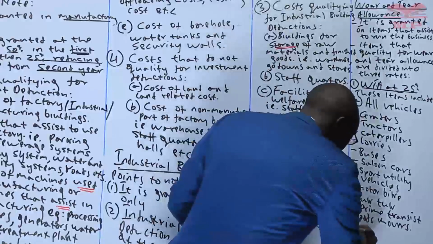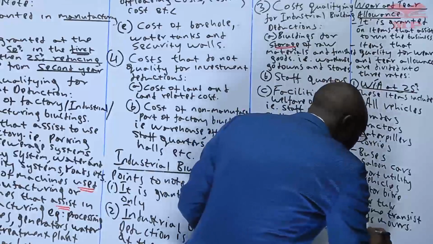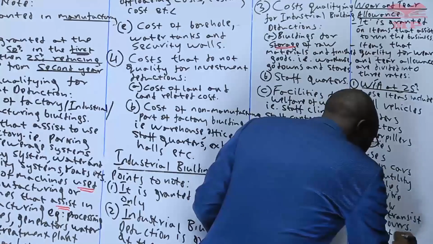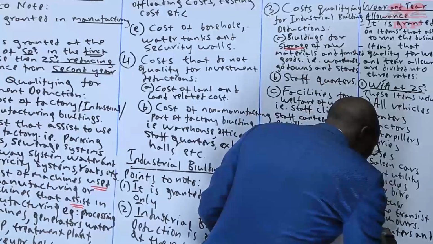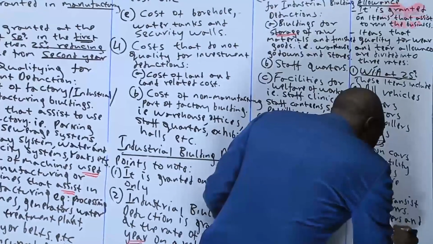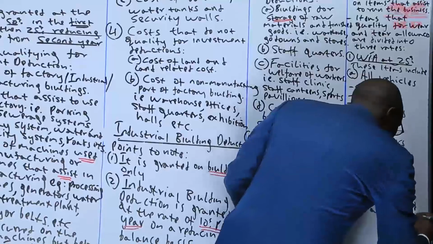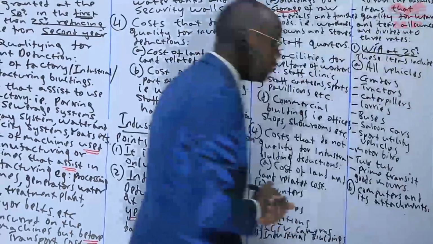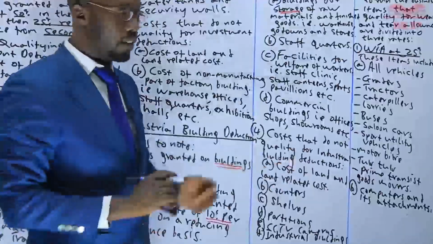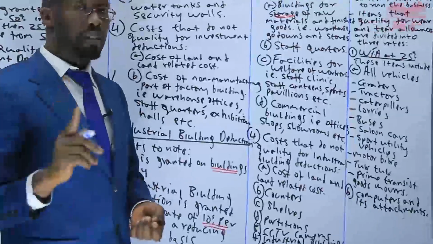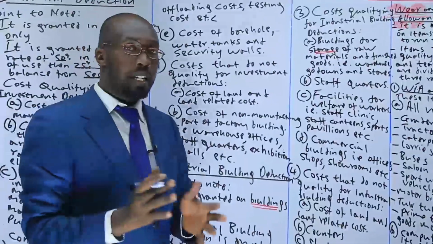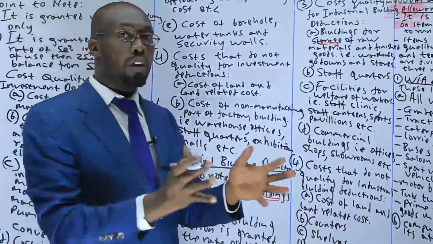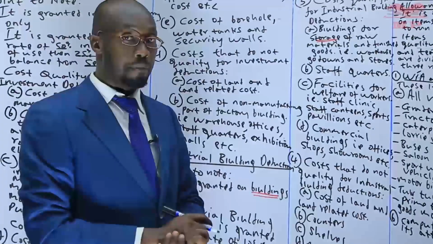B, we have computers and their attachments. So if you find a computer, know that it qualifies for wear and tear allowance at the rate of 25%. If you find something that is attachable to a computer, also 25%.